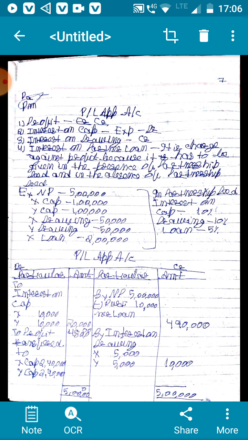Same for Y, credit 10,000 to Y capital account, because it is 1 lakh as capital and the interest on capital is 10%. And we have to provide 10% on 1 lakh rupees.